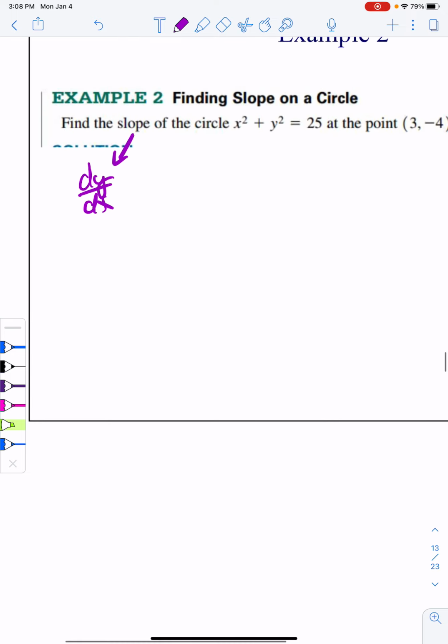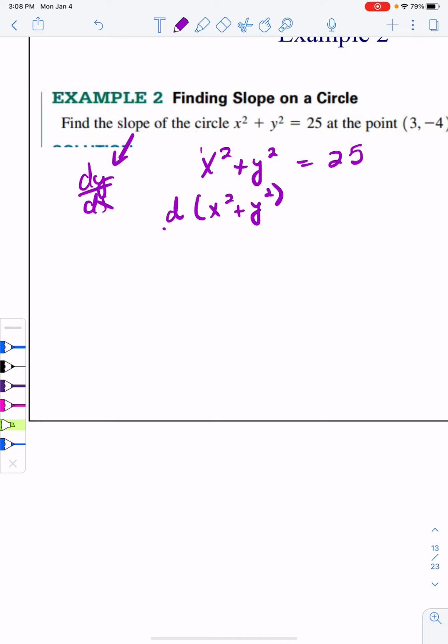And so when you're taking the derivative with respect to x, we're going to take x squared plus y squared equals 25, and take the derivative of both sides with respect to x.